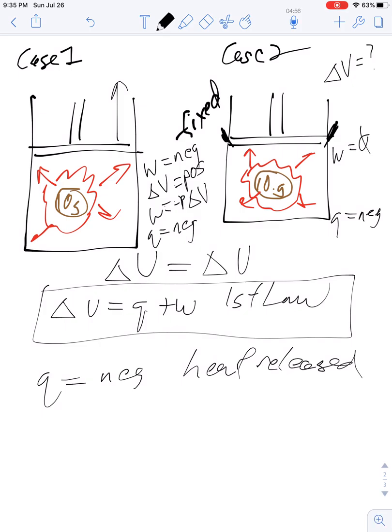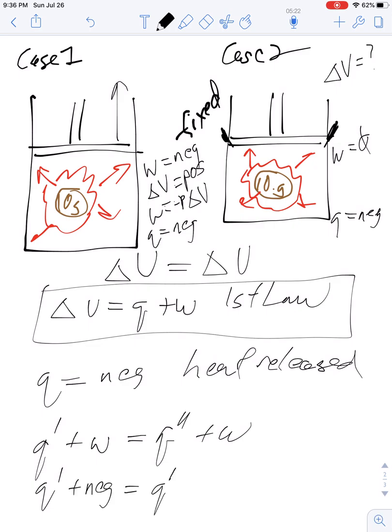So in case 1, I've got Q prime plus work is equal to Q double prime plus work. Well, in case 1, my work is negative. In case 2, my work is 0. So how can the two sides of the equation be equal?